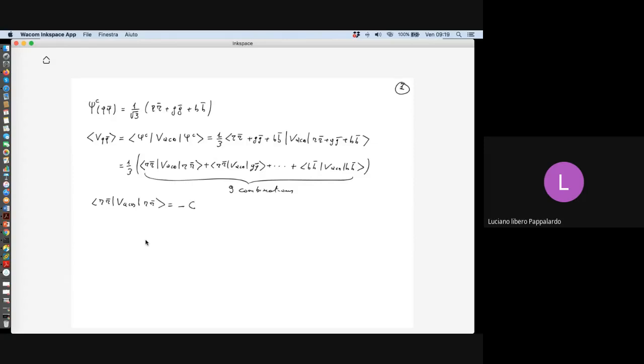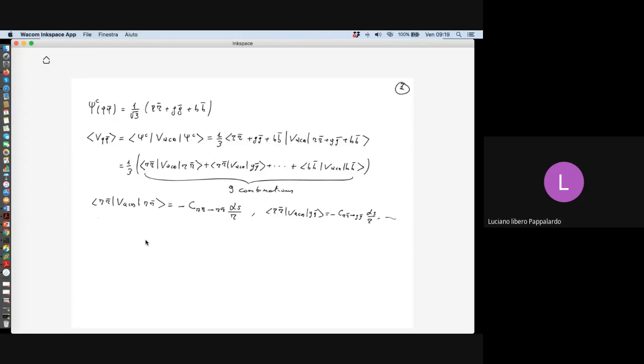Then we have the proper color factor, which is the one red anti-red into red anti-red, and then, in analogy with the Coulomb potential, alpha S divided by R. Then for the second term, we would have red anti-red, VQCD, green anti-green, and this would be minus C, red anti-red into green anti-green, and then again alpha S over R, etc. And the same for all other terms.